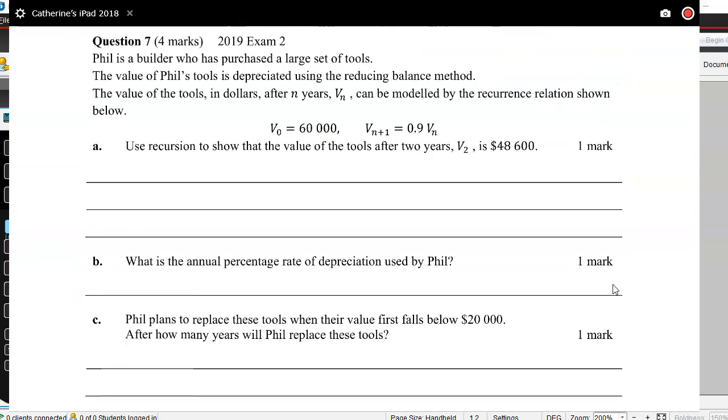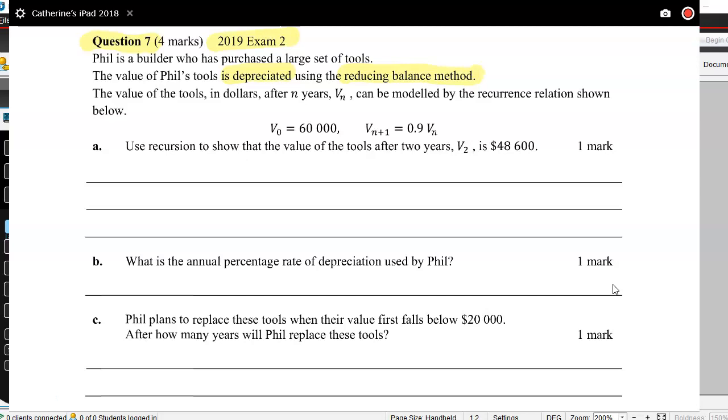So here's an extended response question, again from the 2019 exam 2. This was question 7. Phil is a builder who has purchased a large set of tools. The value of Phil's tools is depreciated using the reducing balance method.